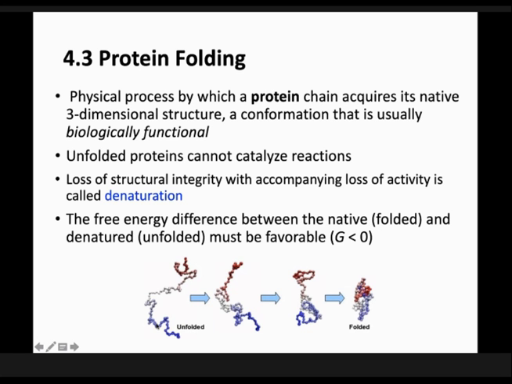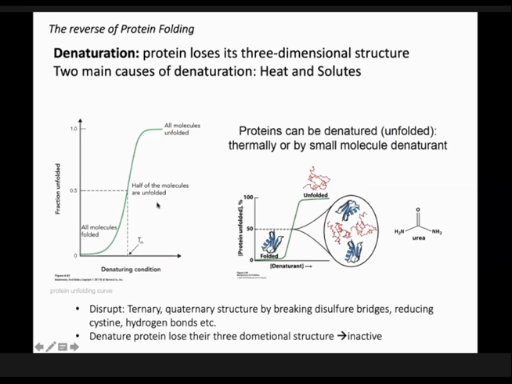Here it's just showing that when it's folded, the delta G will be negative, meaning it is favorable, right? Here it should be delta G, not G. So it should be favorable for the protein, and then when it's folded, that means it's active, okay? The denaturation I mentioned is you lose the 3D structure of the protein.